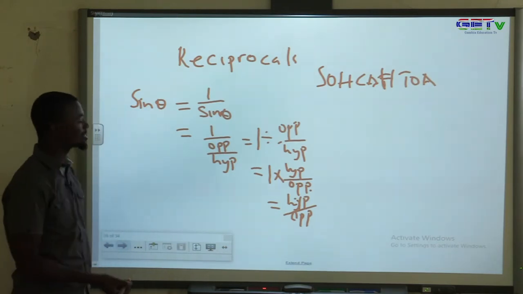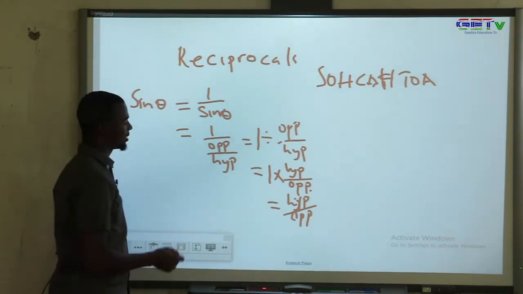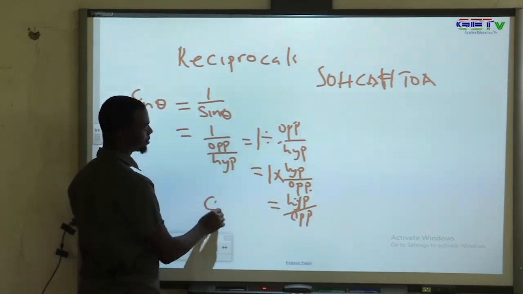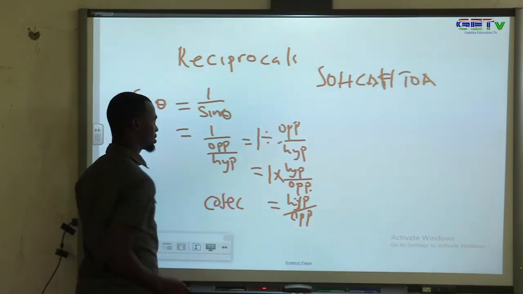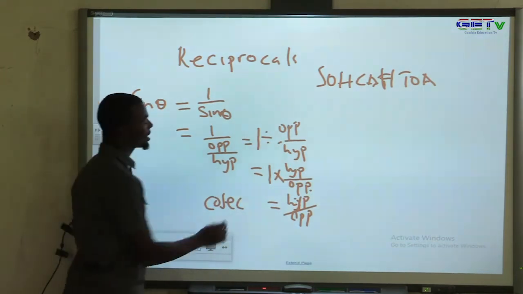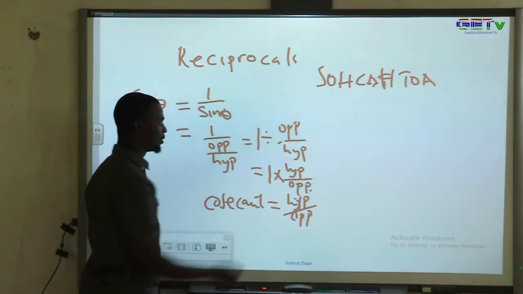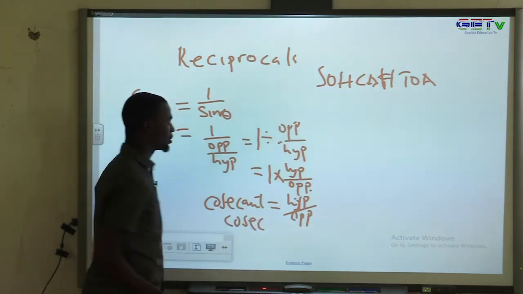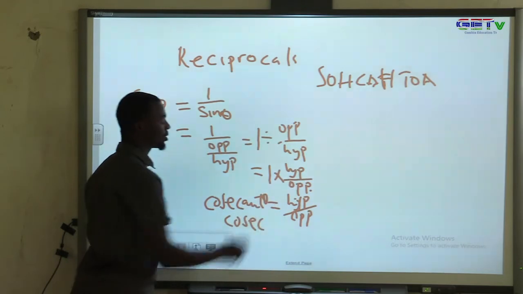And this reciprocal has a name. The reciprocal of sine has a name, and the name is cosecant. That's the full name. The short form is cosec. So we write it: cosec theta.